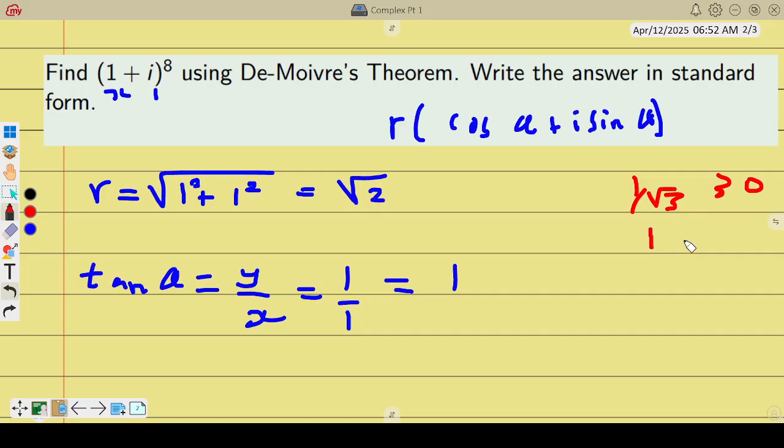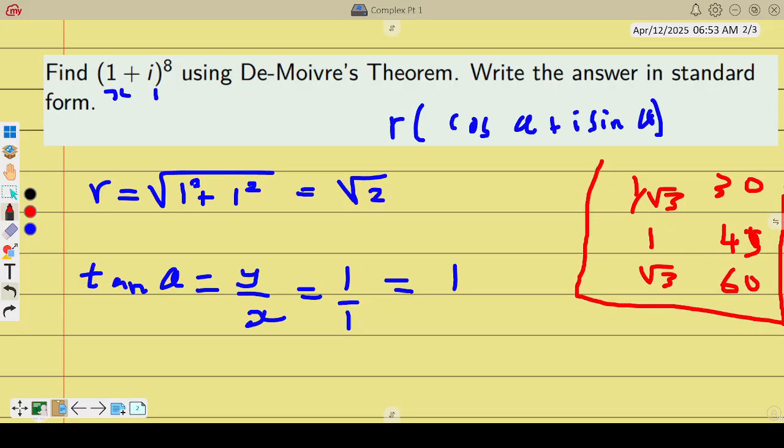When you just see a 1, single there, like 1 here, it is 45. And then root 3 is 60. Even in the document, I wrote them that thou shalt know.